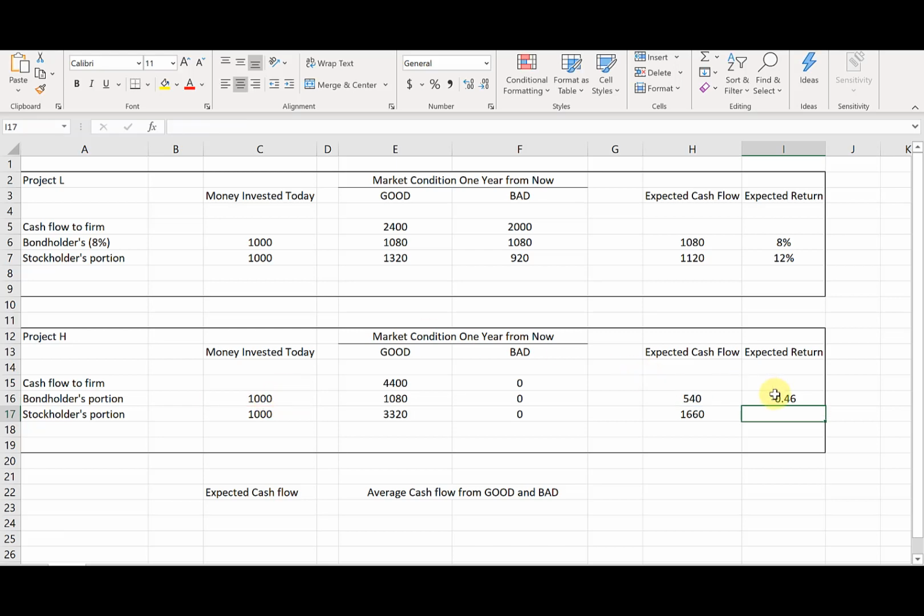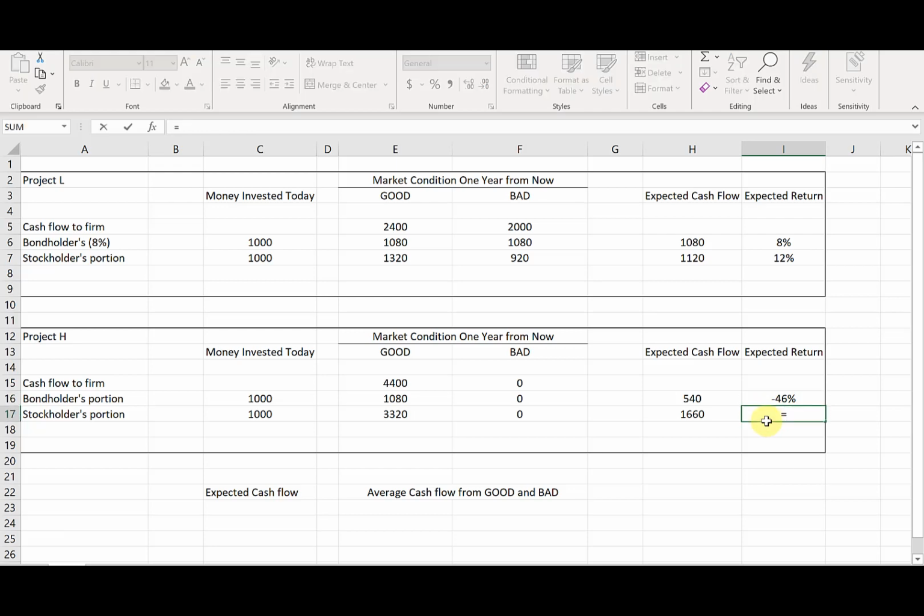Changing this to a percentage, this leaves the bondholders with an expected return of negative 46%, because of this loss that might happen if the scenario is bad. So the expected return, instead of 8% like Project L, is negative 46%.